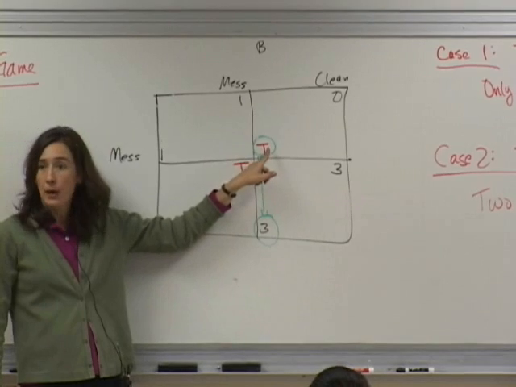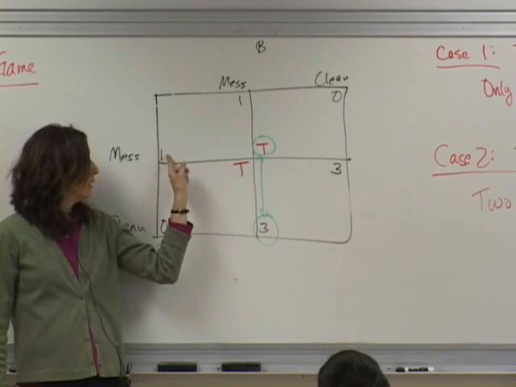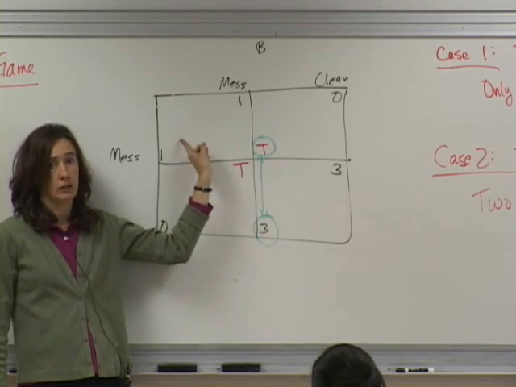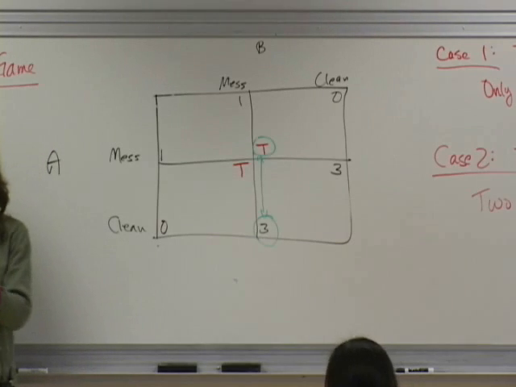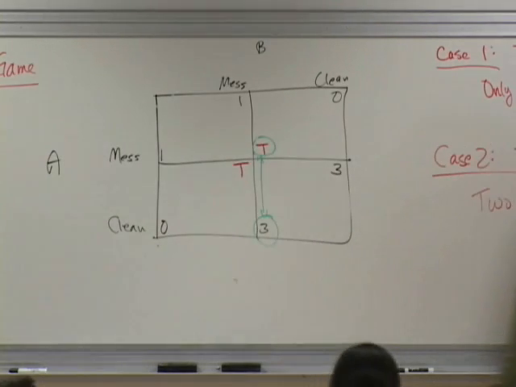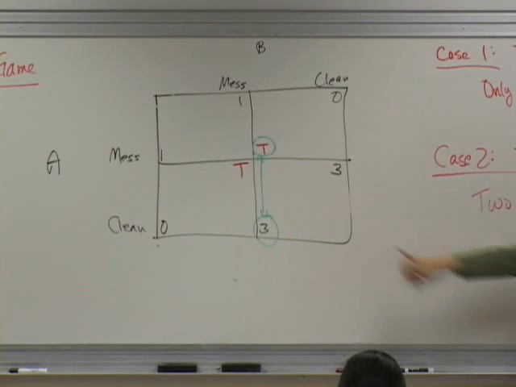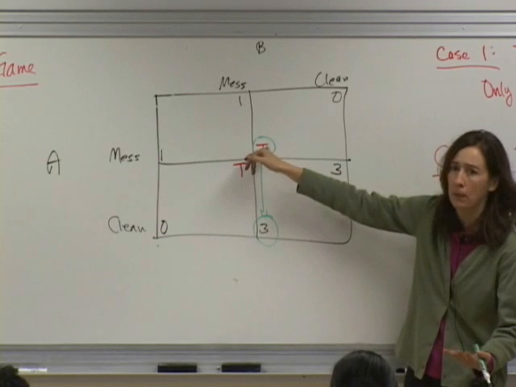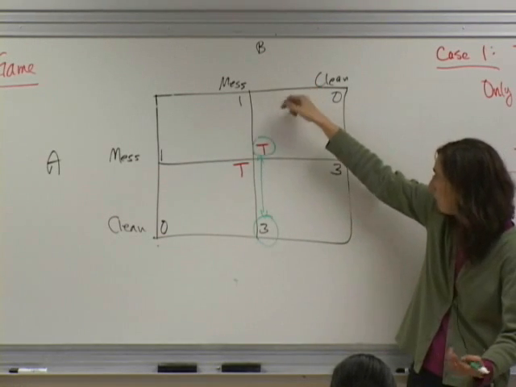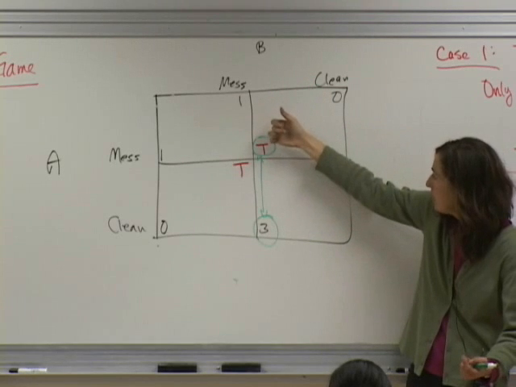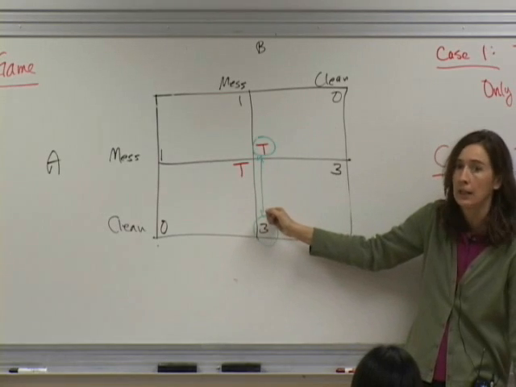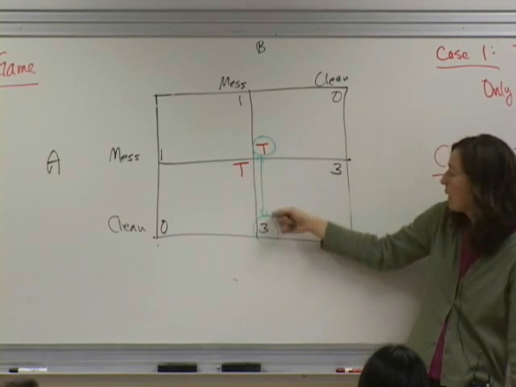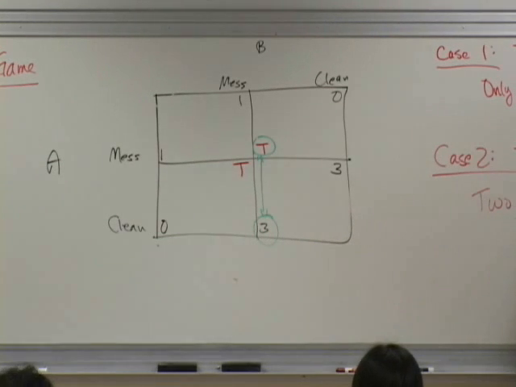When T is greater than 3, mess is the better choice no matter what the roommate does. Just as in sequential games, the cut points, the values of the variable dividing it into cases, we get from solving the game. We got it here by comparing the row player's payoff from leaving a mess when her roommate cleans to what she gets from cleaning when her roommate cleans, and figuring out which one was higher. 3 was the critical value.